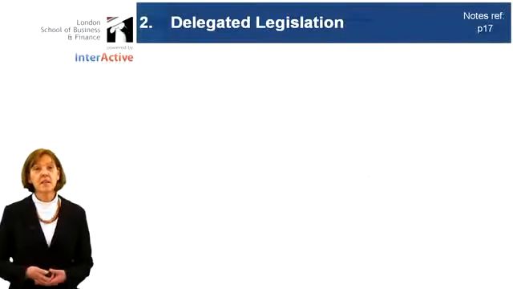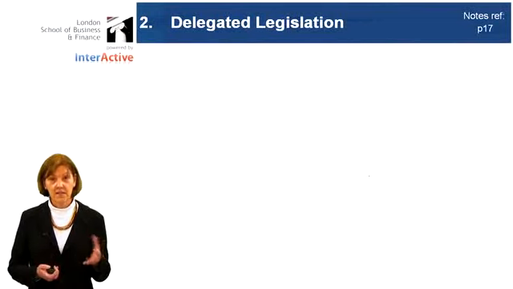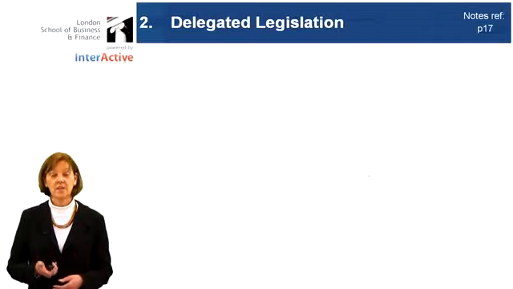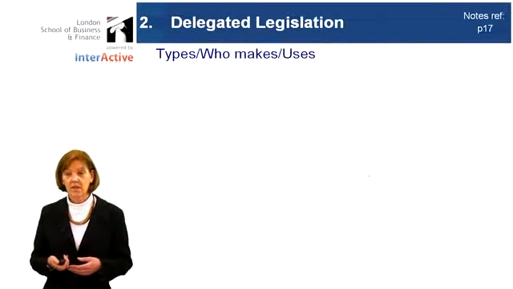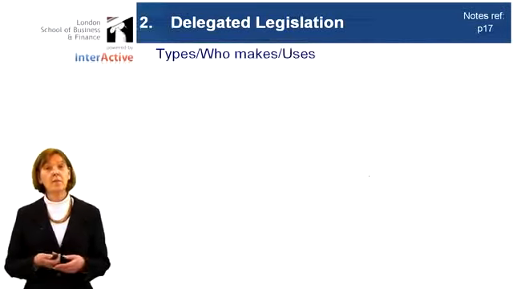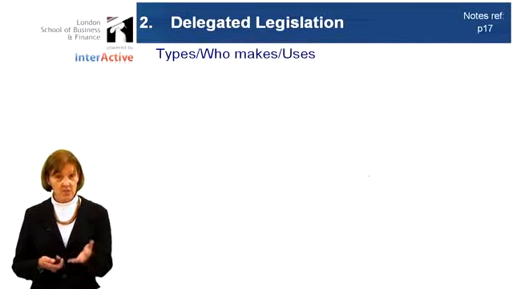As we said earlier, these days Parliament doesn't have the time, nor indeed the expertise to make all the law needed by a modern society, so it's forced to delegate lawmaking powers to others. And we said earlier, delegated legislation, it's legislation made not by Parliament itself, but made on behalf of Parliament. Now, theoretically, Parliament could delegate lawmaking powers to any person or body it sees fit, even to you.